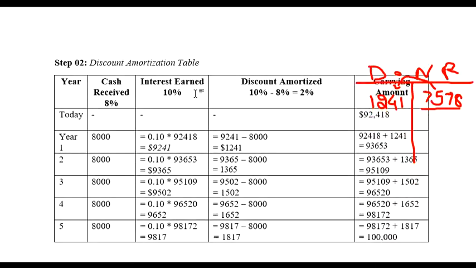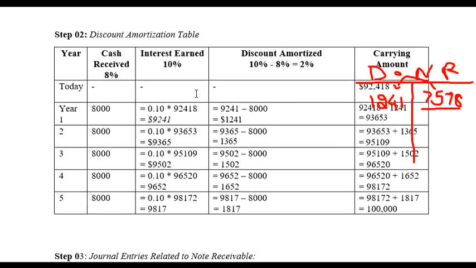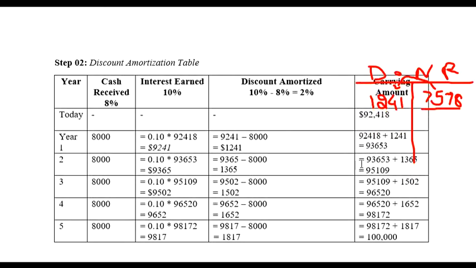So I have completed the table and the journal entries also. I will just explain briefly how I did it. In the second year, as usual according to the contract, we will receive $8,000. But whatever money we have invested, this time $93,653, we have the right to receive 10% profit on that.